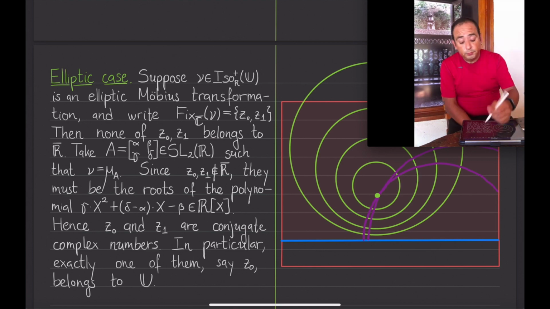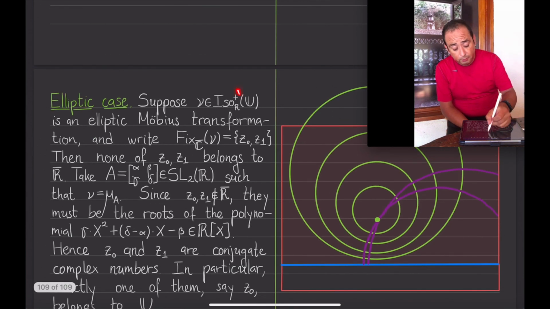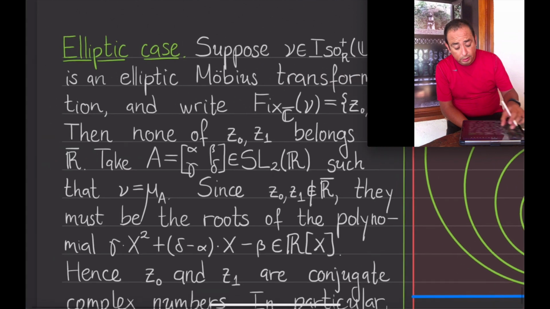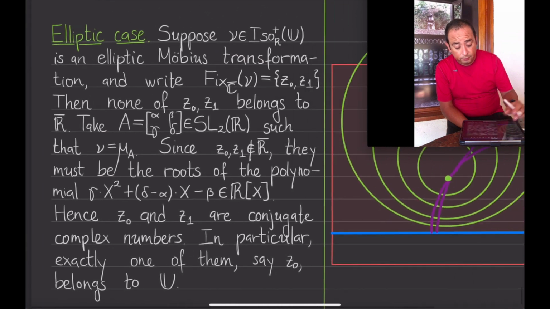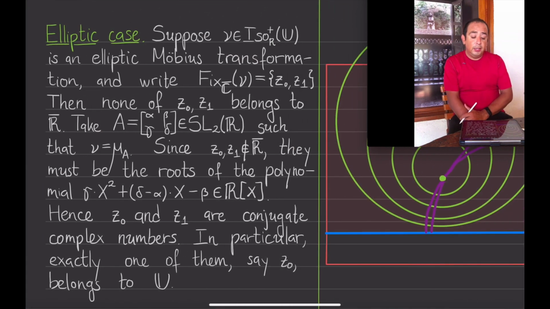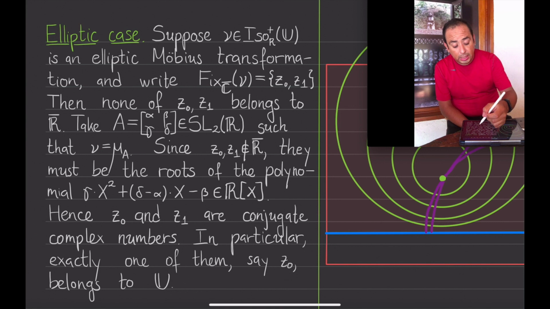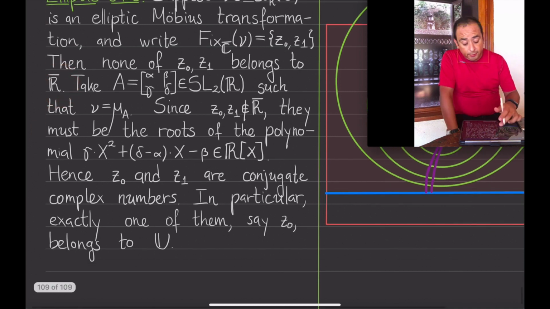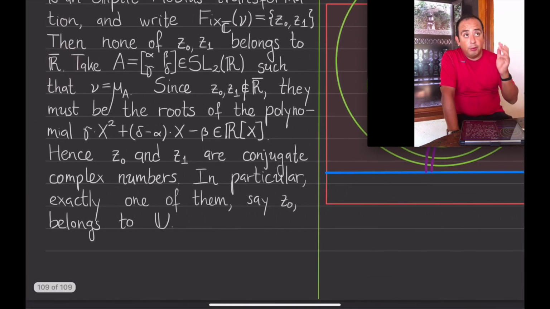Now take an elliptic Mobius transformation that preserves U bijectively. It again has 2 fixed points in C bar. What I say is that none of the 2 fixed points belongs to R bar. Why? Think about the standard example, and let's say the origin in the standard example.